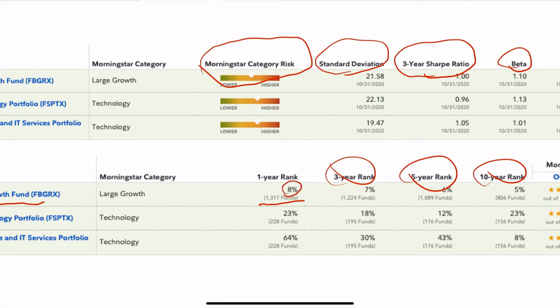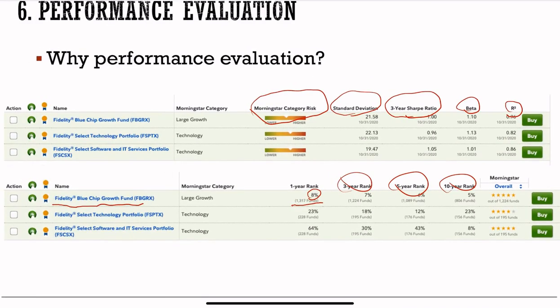It basically means it outperforms 92% of other funds, right? So again, you need to understand these basic performance metrics, right? Okay.